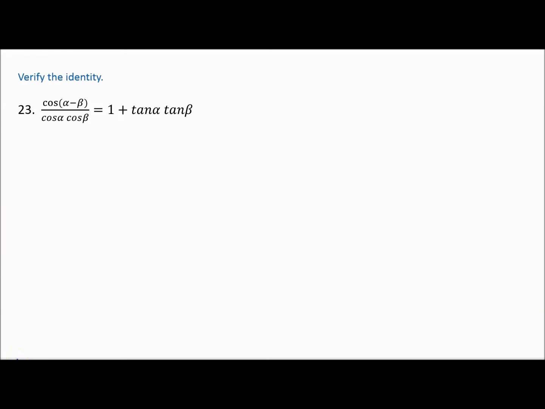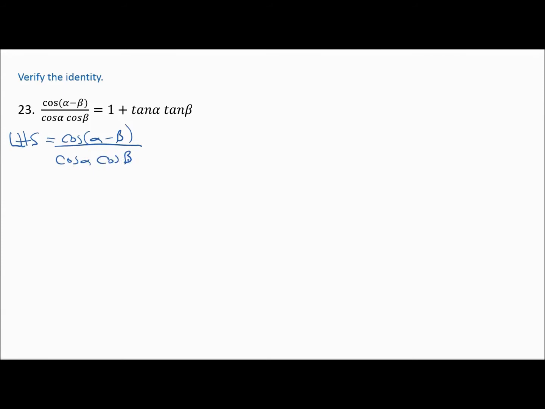All right, let's verify another identity. I've got cosine of alpha minus beta, over cosine of alpha, cosine of beta, and they're telling us that's 1 plus tangent alpha, tangent of beta. So I'm going to start with the left-hand side. I'm going to write it, and then the next step, I'm going to use the difference formula for cosine.